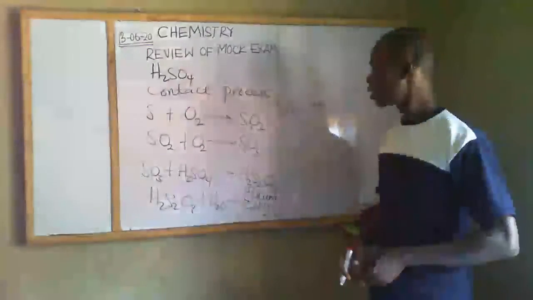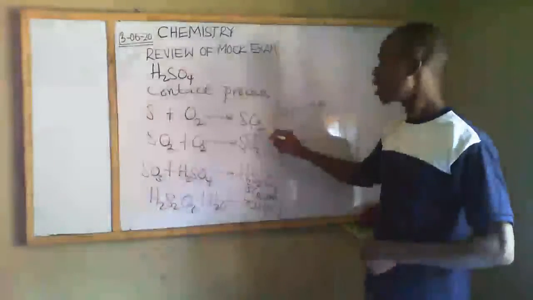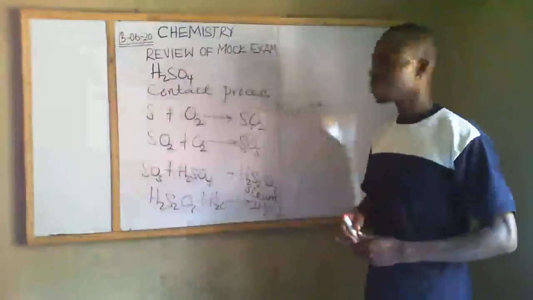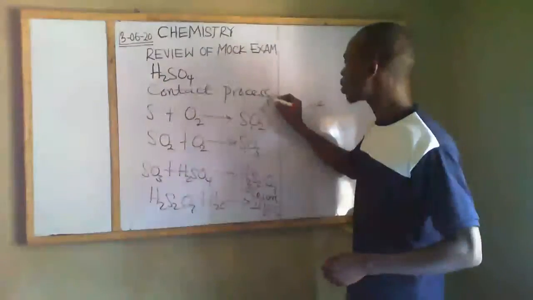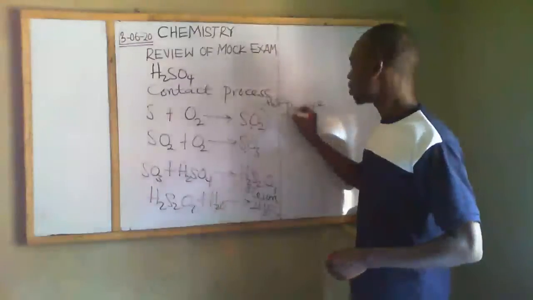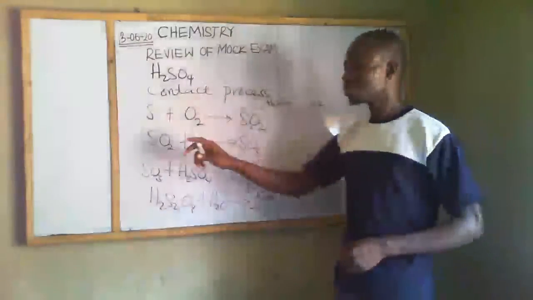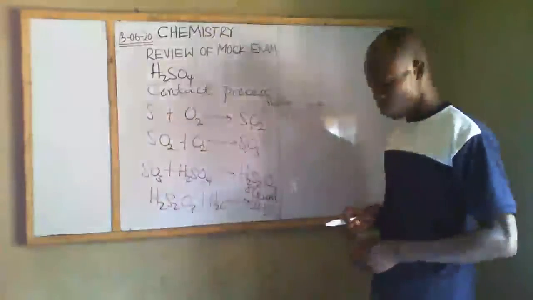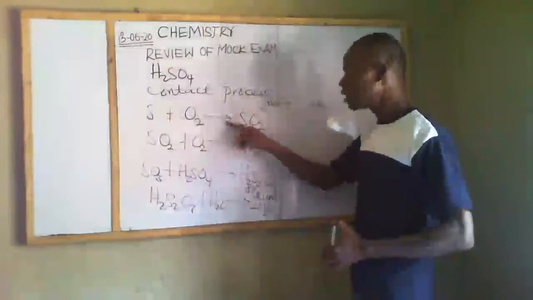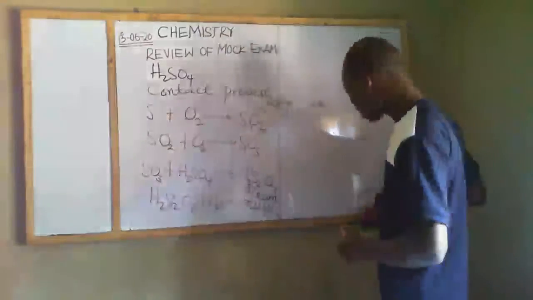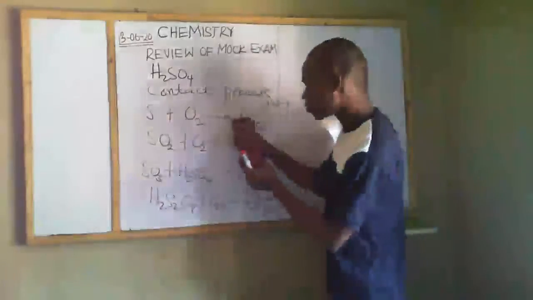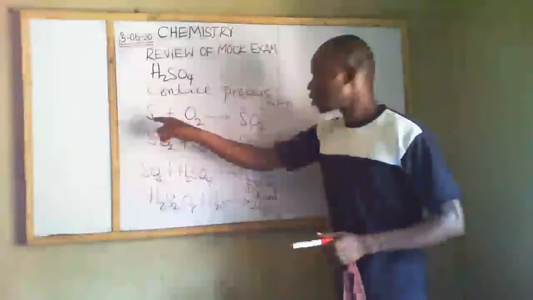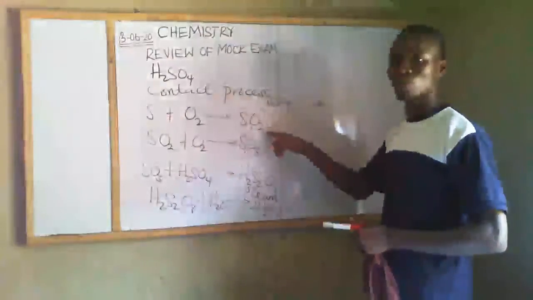Now, I was saying this one is going to be dried. What is the drying agent for this? The drying agent is H2SO4 itself. It dries this gas before it is further oxidized to give us sulfur 6 oxide. One thing I want you to note in these 2 reactions is that the normal way of showing reactants transforming to form product is to use this arrow.